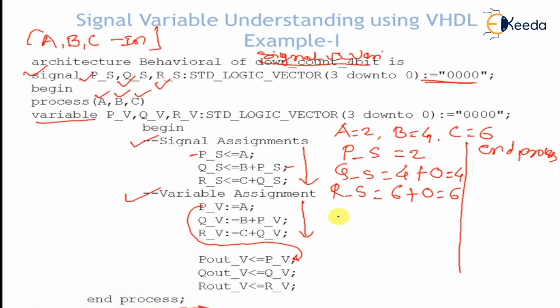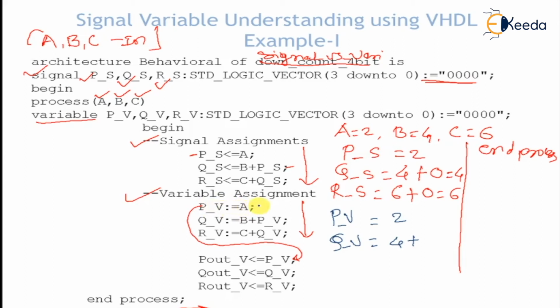Now let us take the variables. In the case of variables, P_V is equal to definitely 2, and the assignment happens immediately. Then Q_V is equal to B's value 4 plus P_V, which it will take immediately, because in variable assignment the assigned value is taken immediately.